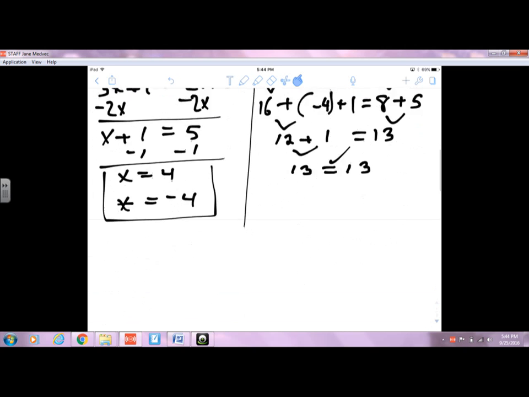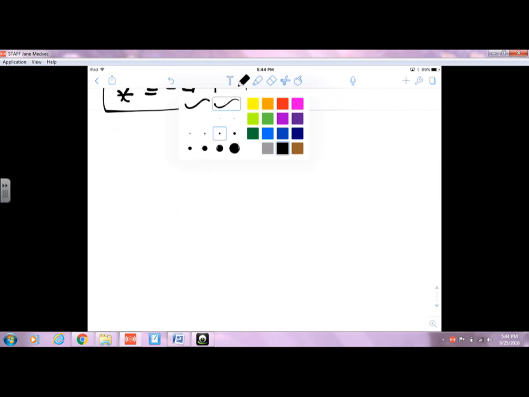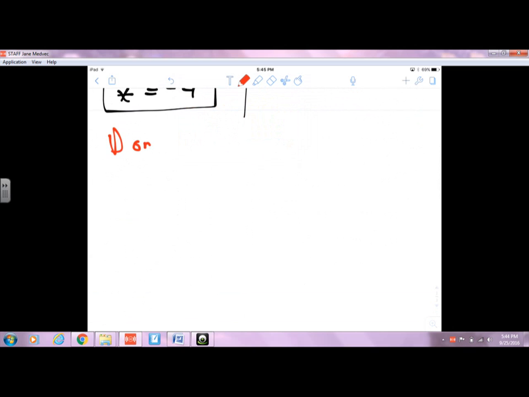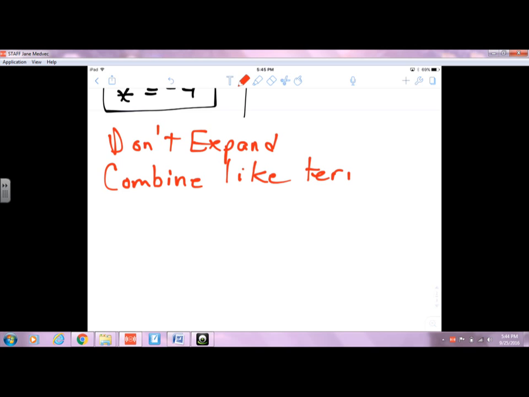Okay. Again, couple of main things that we do when we do this. Don't expand, and we've talked about this before. Okay, if anything, once you write down the original problem, you combine like terms, and that's nothing new.